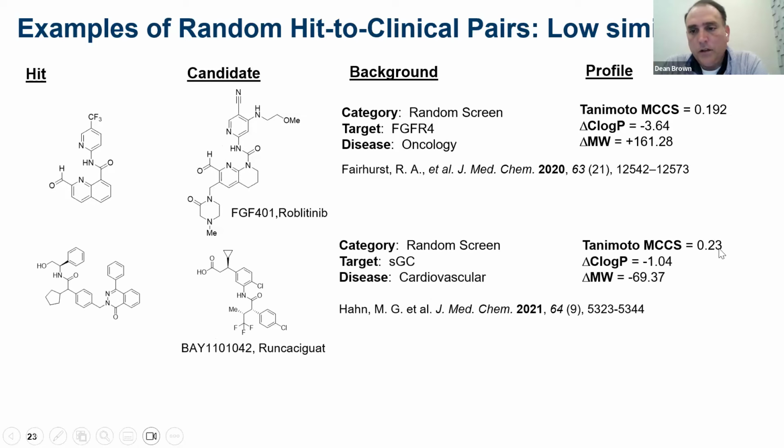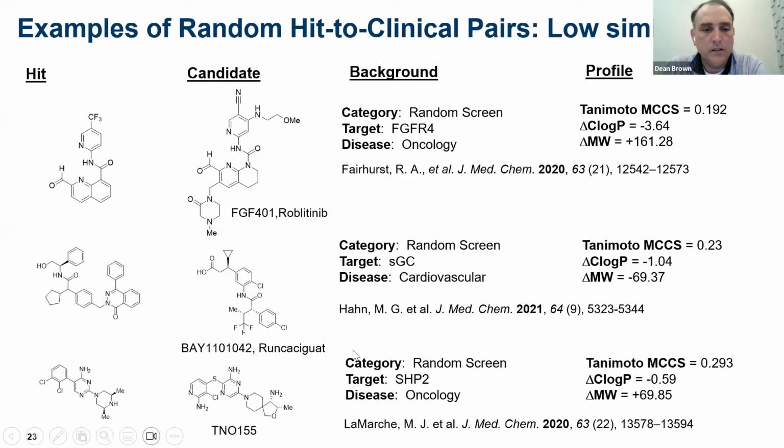Here's a different example, very low Tanimoto maximum common substructure core. This is the hit, and you look at the lead. I'll show you that in a little bit more detail. There's really nothing in common between the hit and the clinical candidate. And a really nice example of what medicinal chemistry can do, just inspired by a single starting point. And an elegant example from Novartis SHP2 inhibitor.